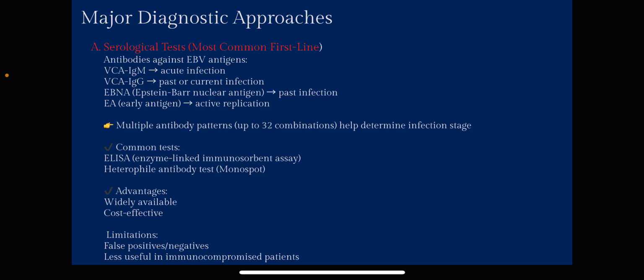The multiple antibody patterns, up to 32 combinations, help determine infection stage. The common tests are ELISA, which is enzyme-linked immunosorbent assay, and heterophile antibody test, which is also called the monospot test.